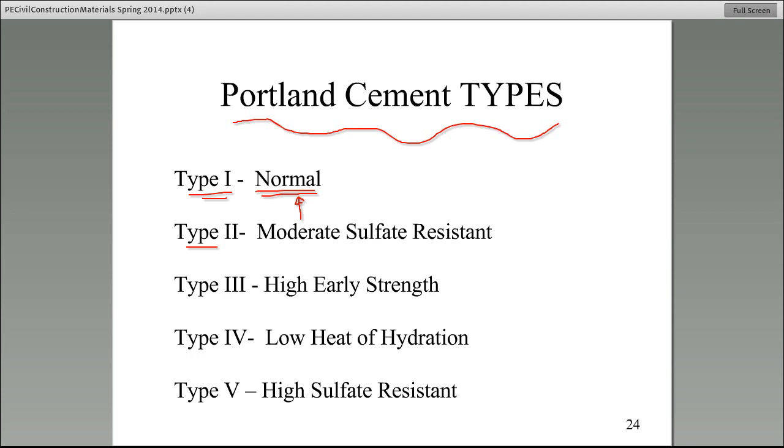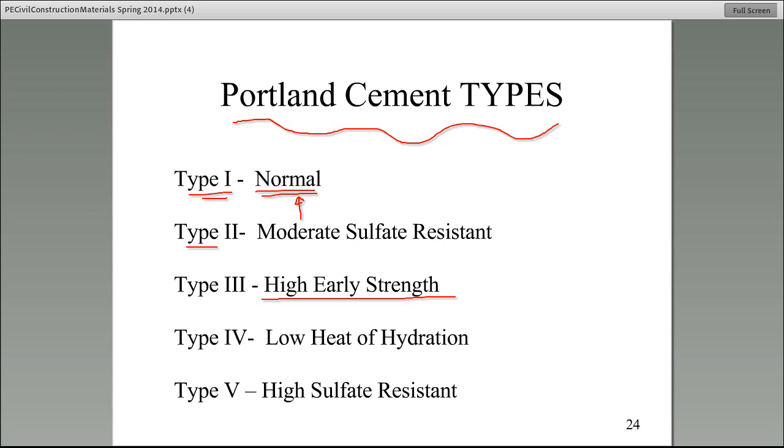Type 3 is important. It's called high early strength. If Elizabeth or Joe specify high early strength cement, type 3 cement, for their structure, this is the kind of cement that reaches a high strength very early on, which means within probably a week or so.